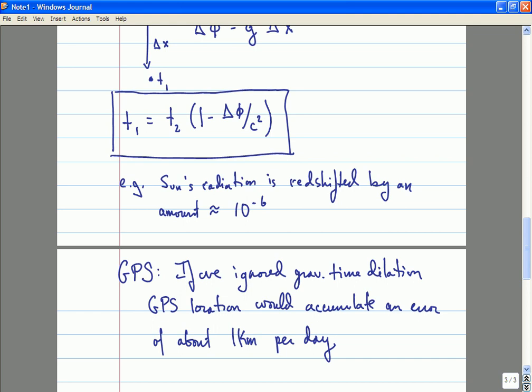So, for example, between the surface of the sun and the Earth, when we calculate the redshift of the sun's radiation, of course the gravitational potential is not constant, but this still gives a pretty good estimate of the strength of the gravitational redshift.